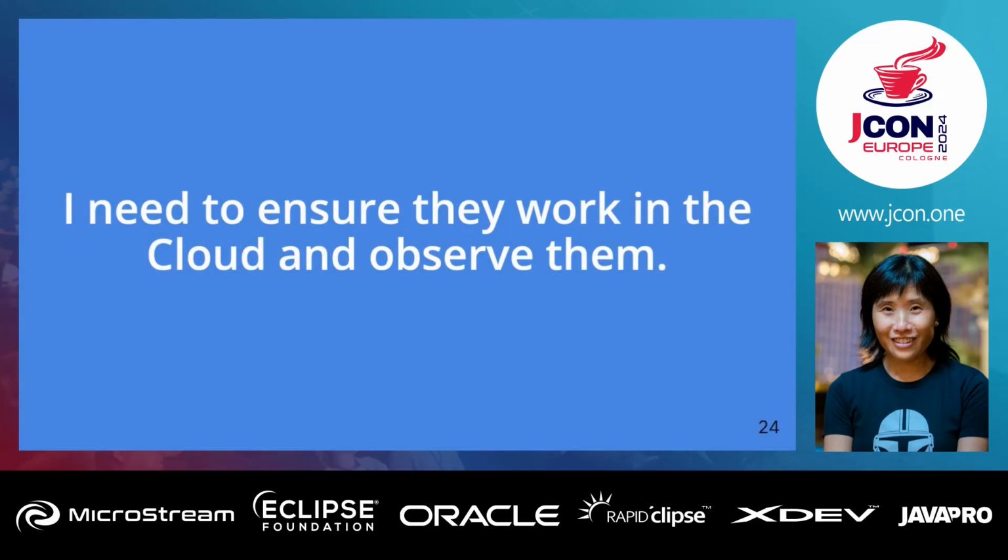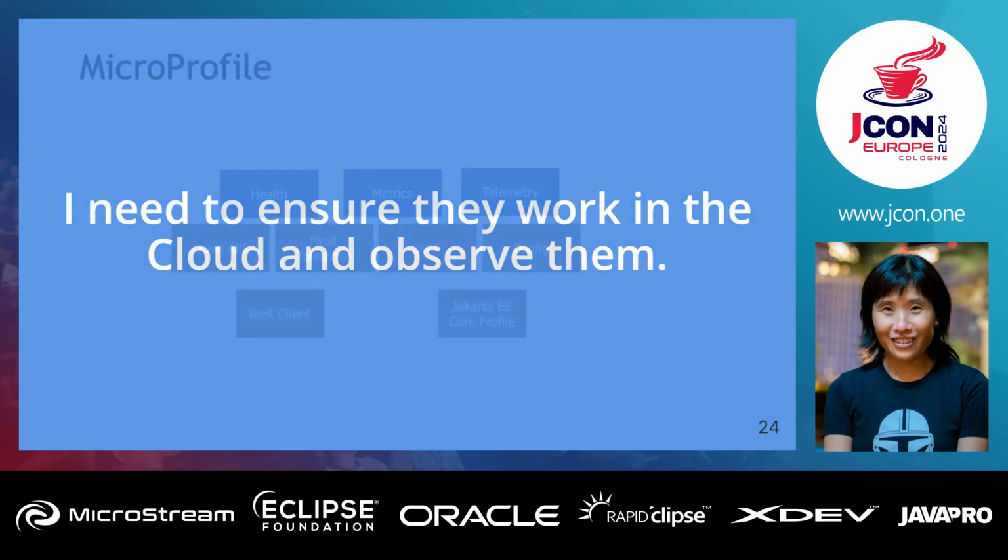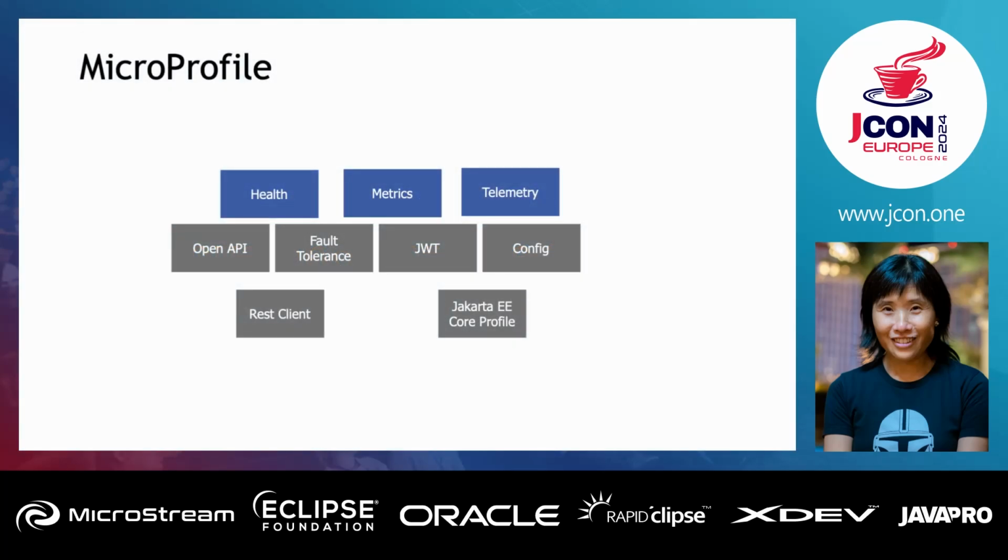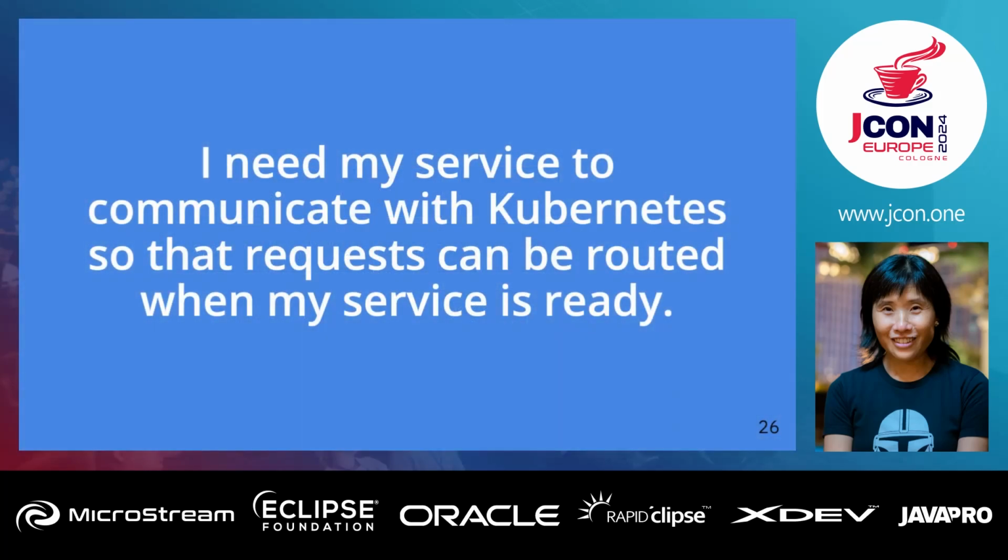That's pretty much what you do with your application development. The other thing is, if you want to deploy to the cloud, you also want to monitor your application, right? When you monitor your application, you will need to use health, metrics and telemetry. For MicroProfile Health, you work with Kubernetes. You know the Kubernetes liveness check, readiness check and startup check, right?